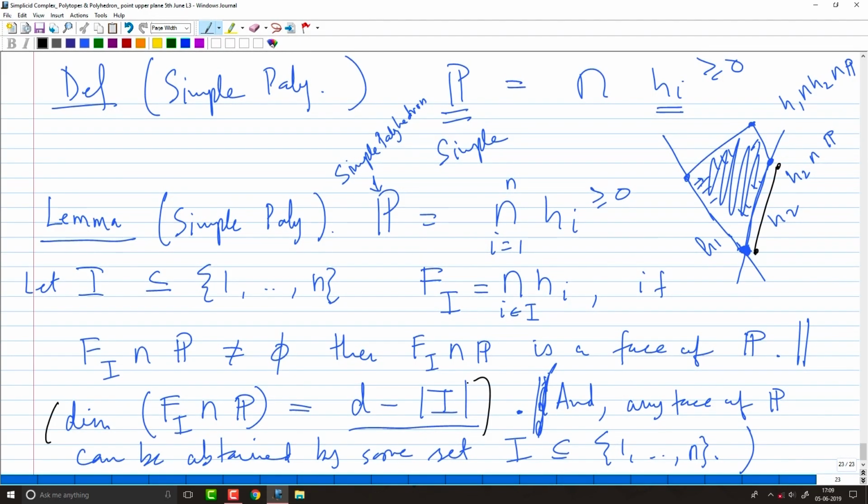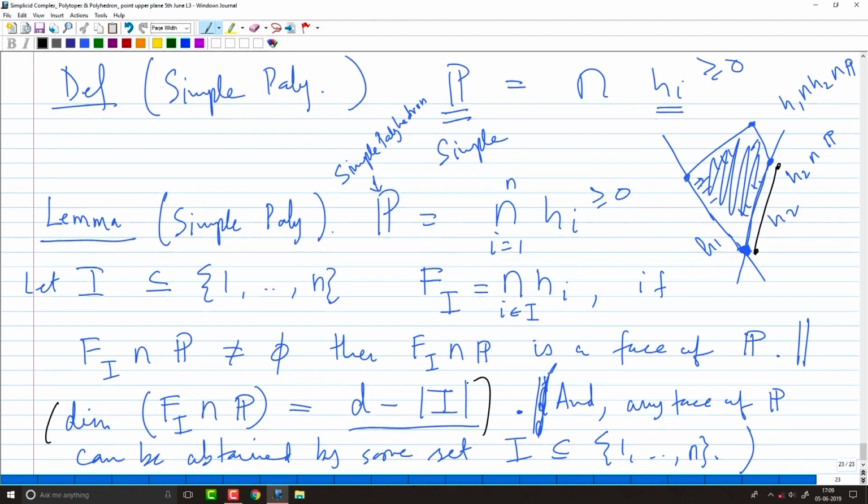Okay. See, this needs a proof. I will not prove it, as this is not a course on convex polytopes or polyhedra. I will use it to make connections between Voronoi and Delaunay tomorrow. But the main idea is, how do I get the faces of a polyhedron?